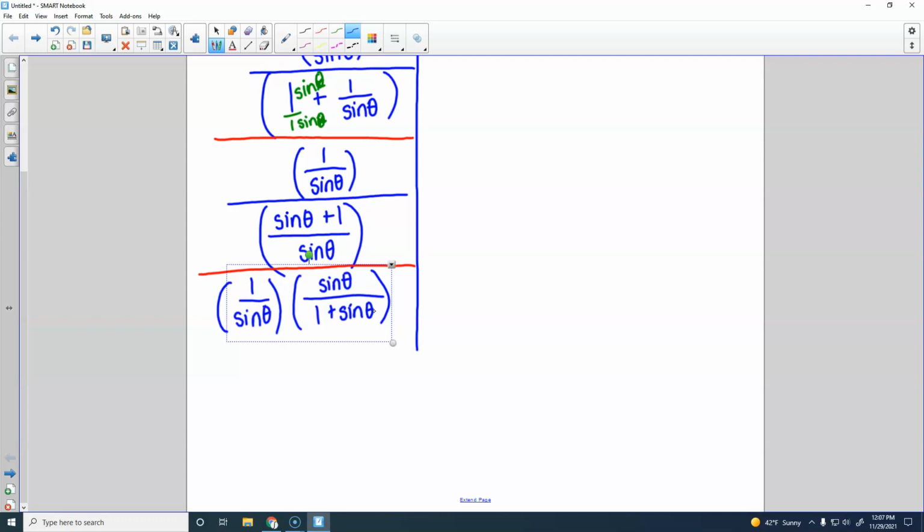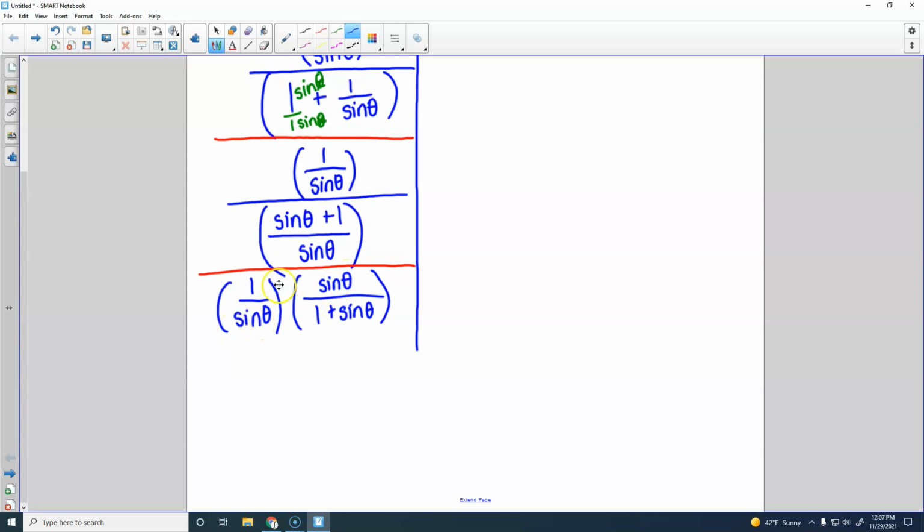Alright, so it's really important that you understand what you can and cannot cancel here. Can I cancel this sine with this sine right here? I'm seeing Lauren shake her head no. She is correct. I cannot cancel this sine with this sine right here, because I've got this plus sign between my 1 and my sine theta. But, can I cancel this sine with this sine down here?